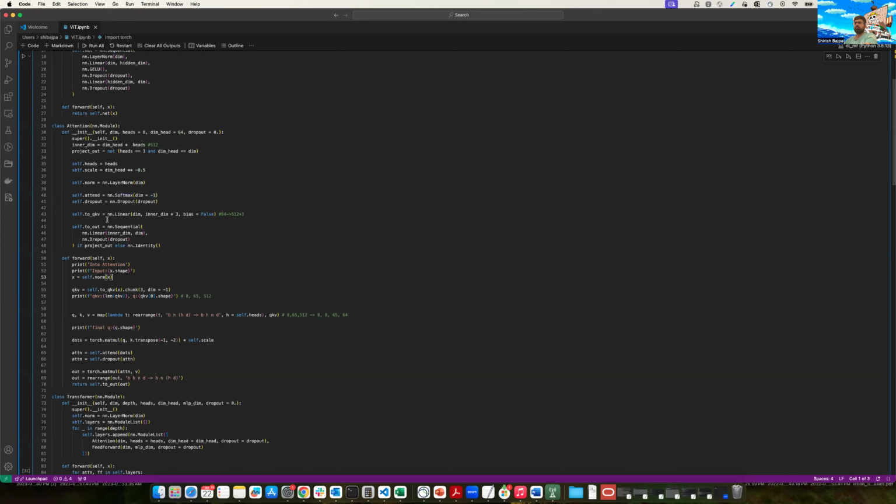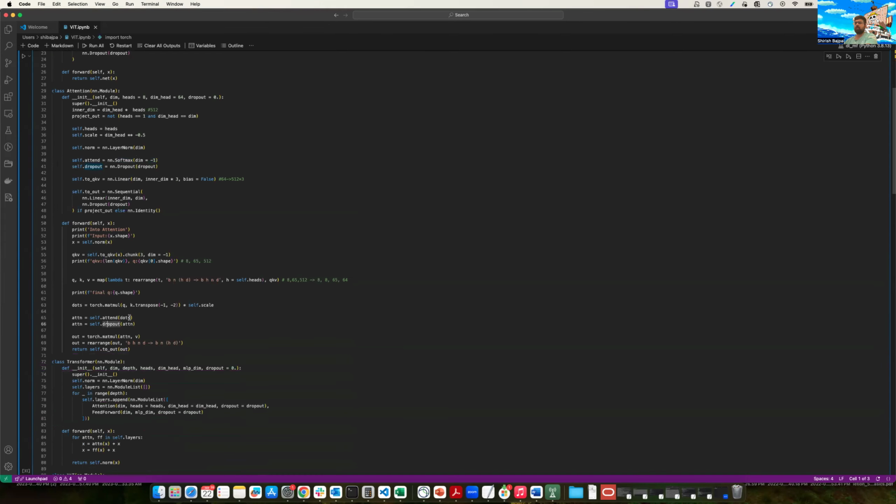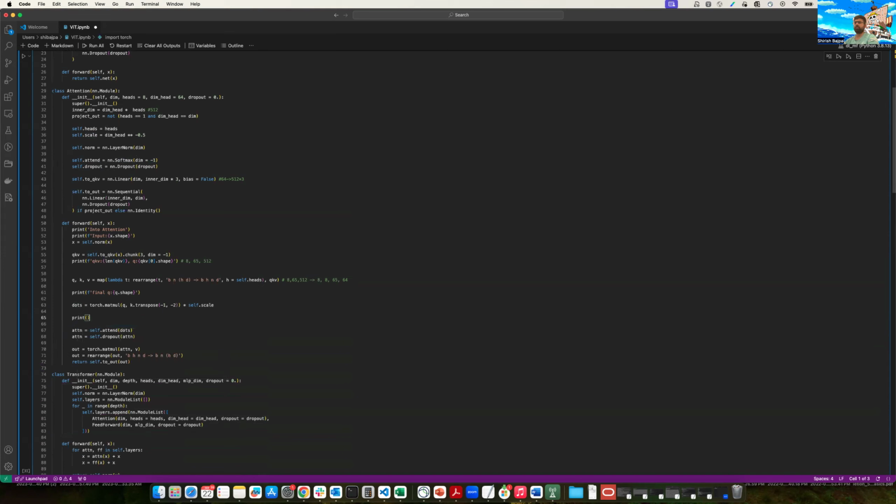Then there is dropout. For the sake of it, let's print the shape of Q cross K. This will be 8 cross 65 cross 65.